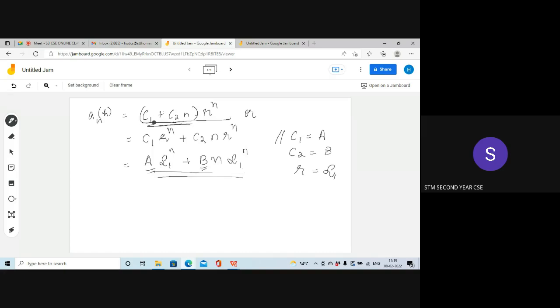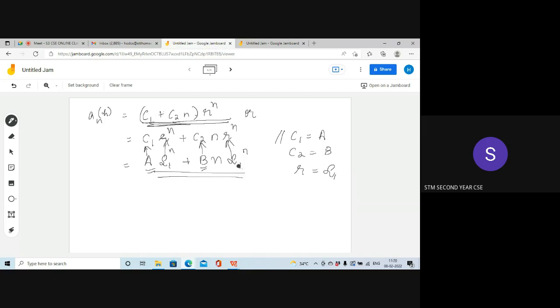Anyway, I'm proceeding with C1 plus C2 n r raised to n. Instead of r, I had put the symbol alpha. Root 1 is alpha 1, and root 2 is also the same, alpha 1. Instead of C1, I had used A, and instead of C2, I had used B.